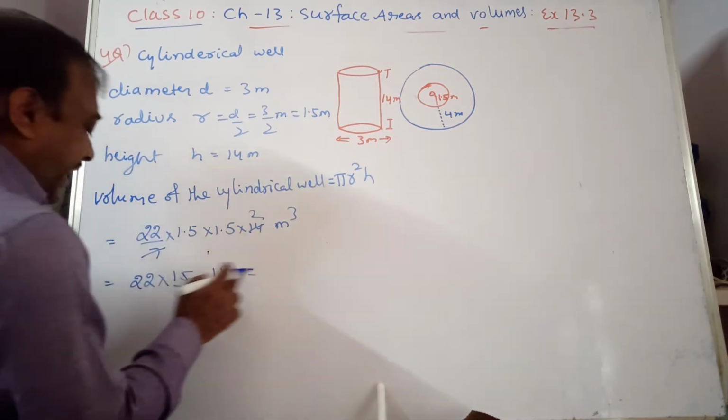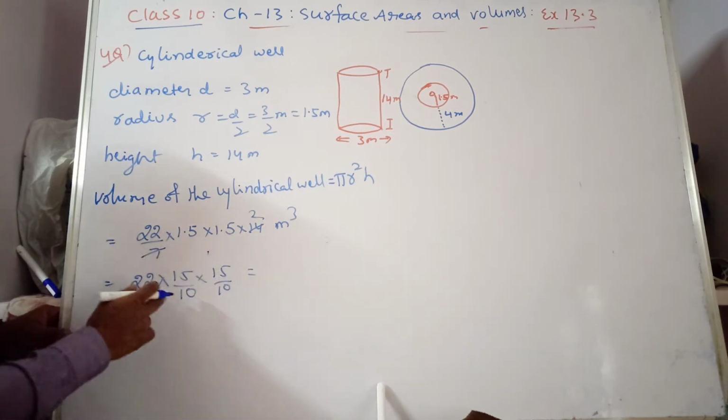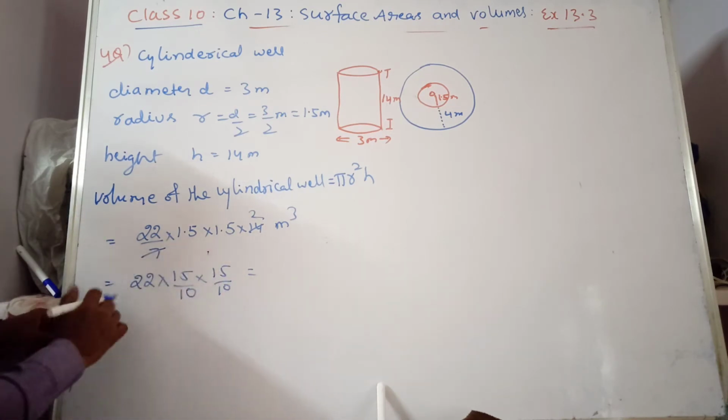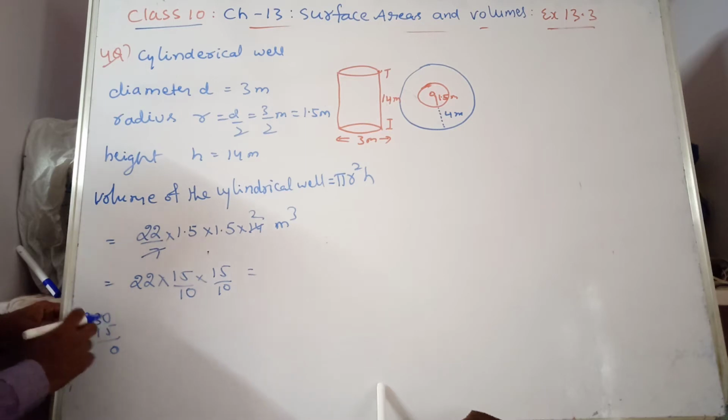Now you observe it. 22 into 15. 15 twos are 30, 15 twos are 30, so 330 into 15. 15 threes are 45, 15 threes are 45.